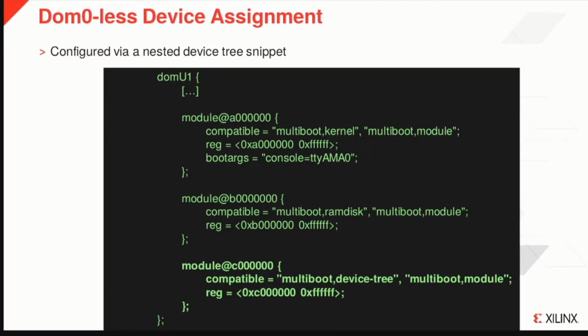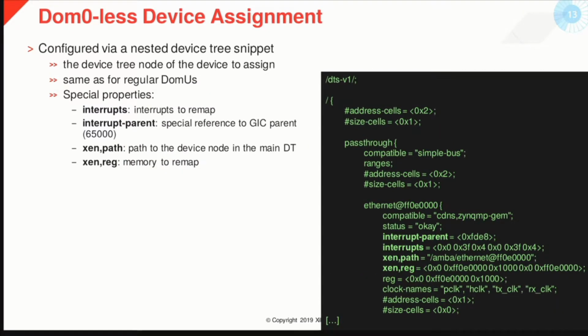What is in this snippet? It is the thing on the right, which is exactly the same as what we use for normal device assignment on VMs that have been booted from DOM0, so nothing changes. There is a pass-through node. Underneath, there is a node describing the device you are to assign. There are a few special properties that we need to take care of, like interrupts.